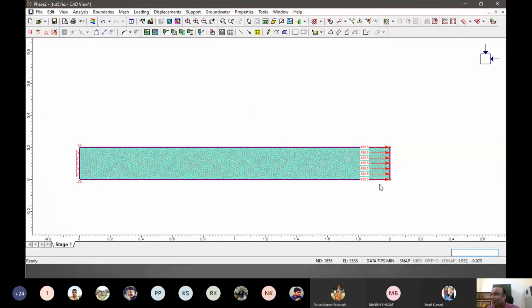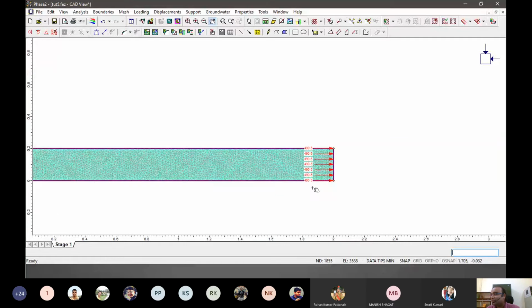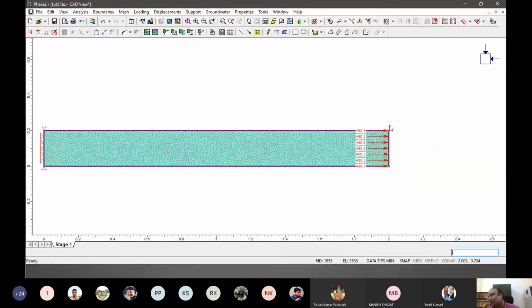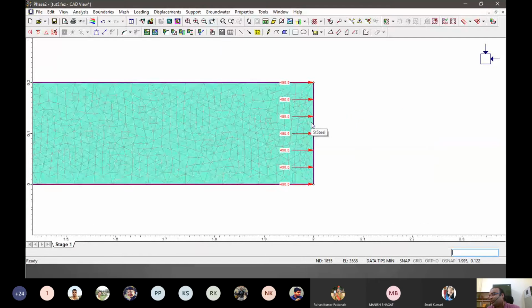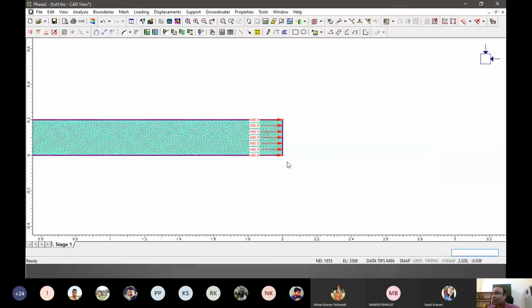Now see, understand why this will be different and that will be different. This is only applying at these vertices. That was being applied on the whole volume or whole area.